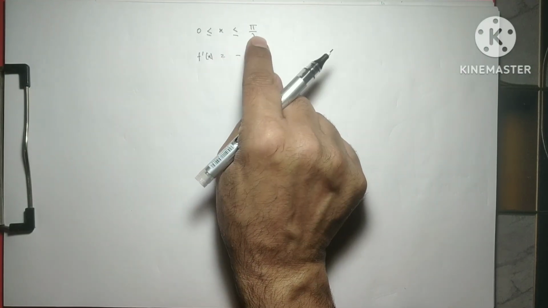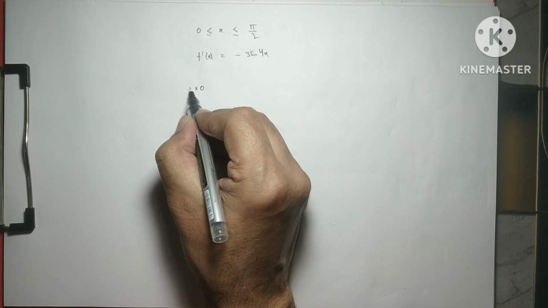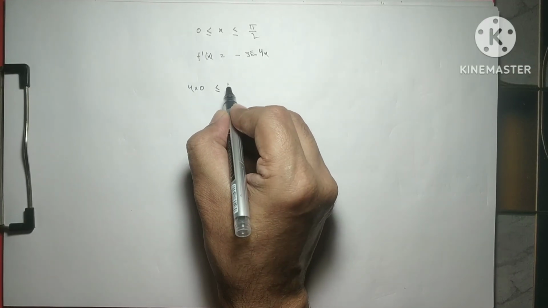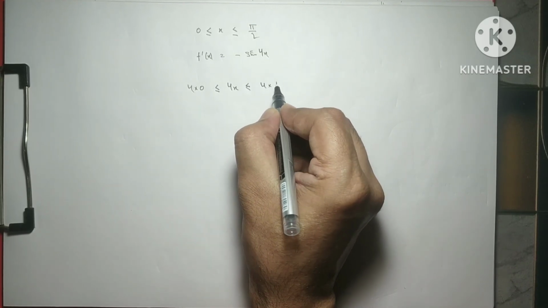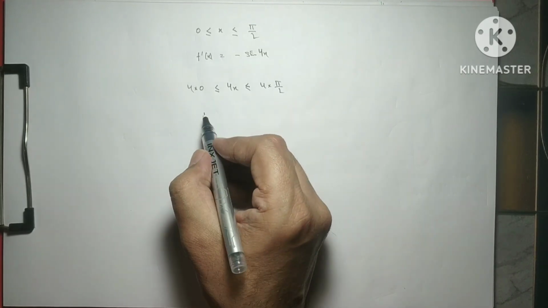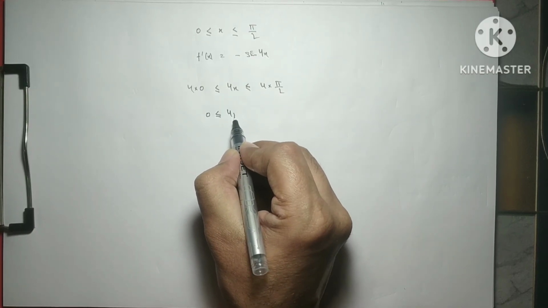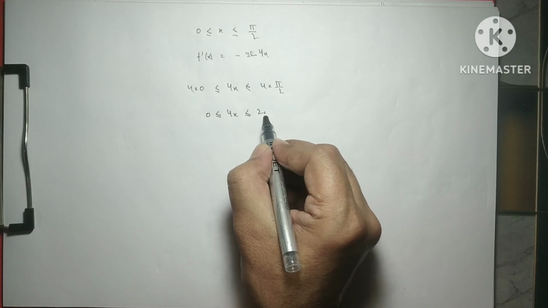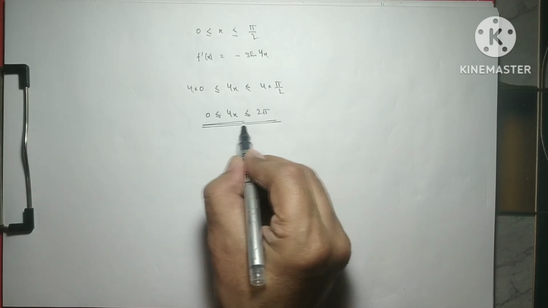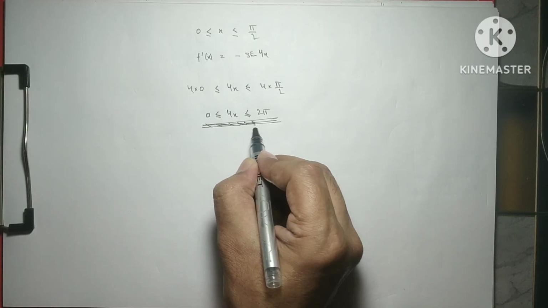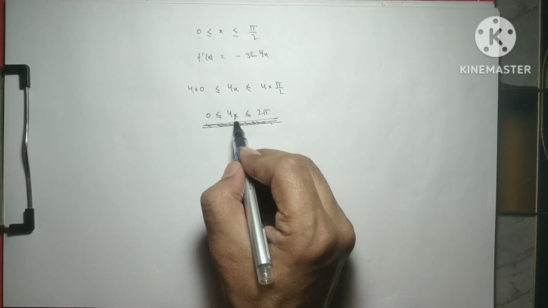We will multiply by 4, so we get 0 into 4 to 4 into pi by 2. So now the new variation of 4x becomes 0 to 2 pi. So we will operate on this variation of the angle 4x.